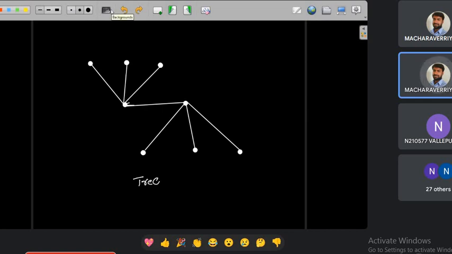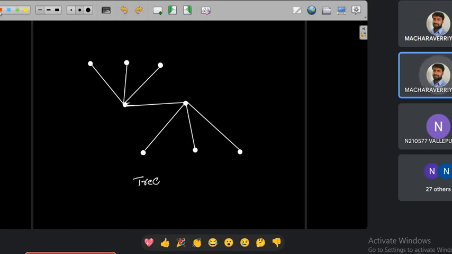So this says that if there is an edge between any two vertices, that must be unique. You cannot have more than one edge, and there is no simple circuit.